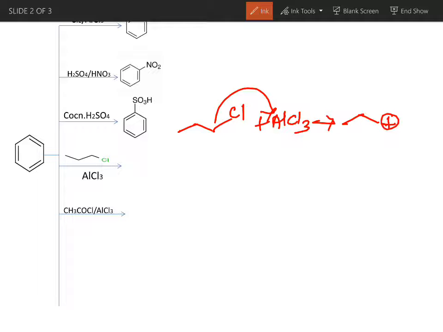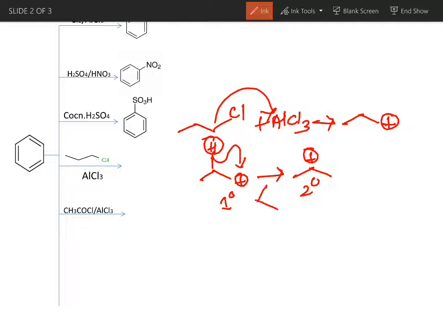If you carefully observe here, this carbocation is a primary carbocation. If there is a possibility of formation of a more stable carbocation, it will undergo self-rearrangement, that is by 1,2 hydride shift, and it forms a stable carbocation which is a secondary carbocation. And we know that a secondary carbocation is more stable than a primary carbocation.